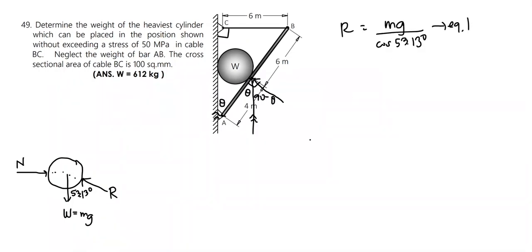And then once we have R, we can now consider the free body diagram of the rod that has a force with the magnitude of force R due to the interaction between the rod and the cylinder, and we have the tension, we call this T, due to the cable, and the reaction at the support A, that is a pin.